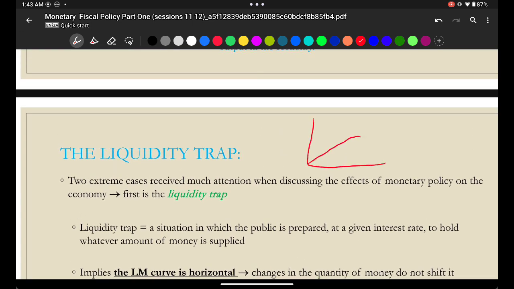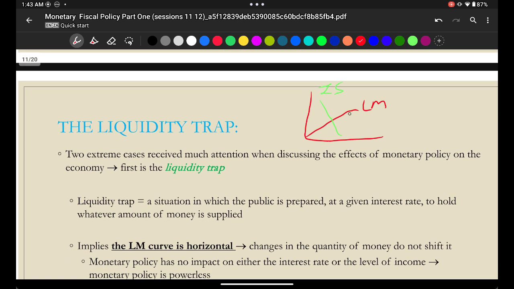So if I have my LM curve over here, and my IS curve over here, basically what this says is this. If my LM curve is normal, and I get an increased supply of money by the central bank, the interest rate comes down and output increases.